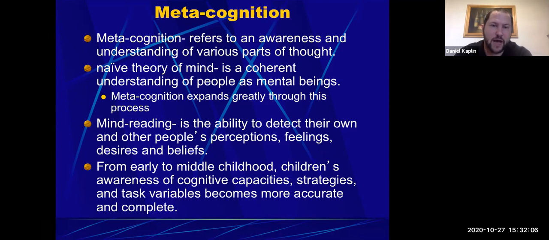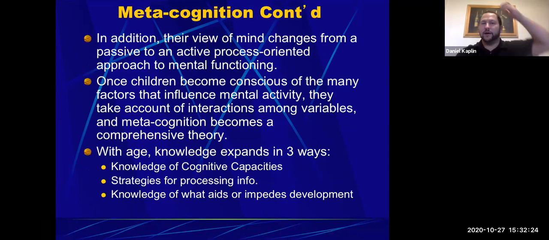And then in terms of our metacognition, as we get older, we tend to become more accurate in understanding other people's thinking as well. So you'll notice a common trend. As you get older, you tend to become more proficient in most things. So, all right. In addition to your view of your mind, you move from a passive thinking entity to an active cognitive processing entity, and it occurs in different ways.